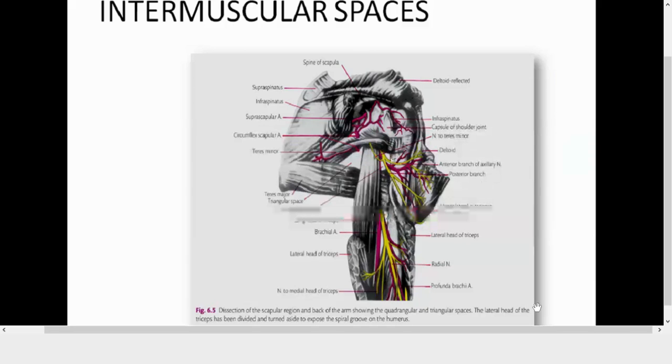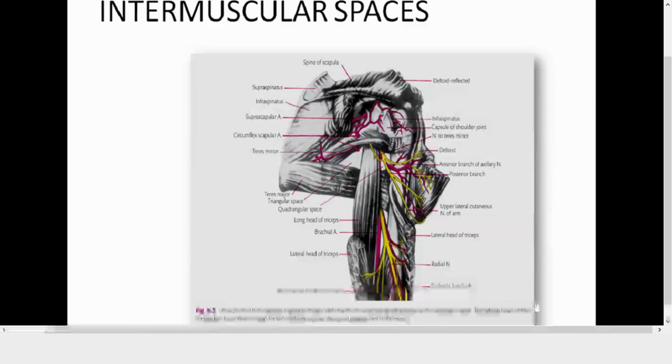Now see this quadrangular space. What is forming the boundary? Superiorly, teres minor muscle, and anteriorly subscapularis.